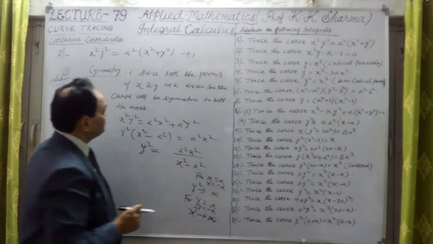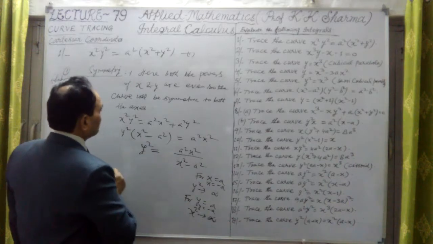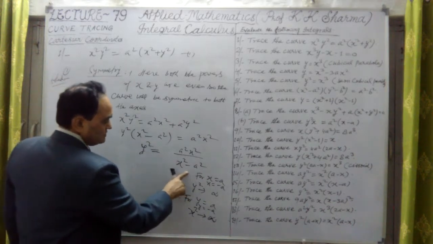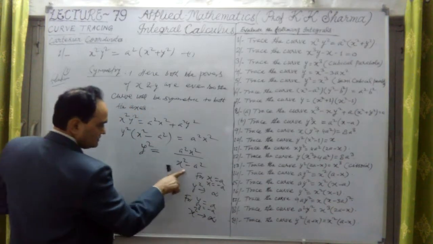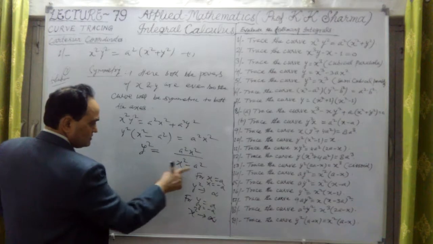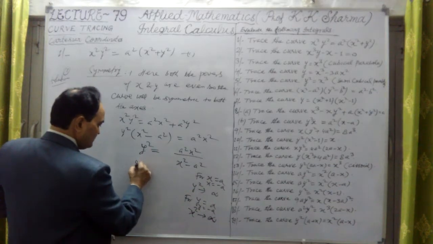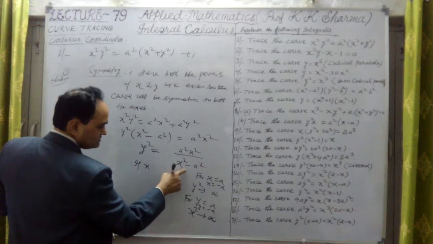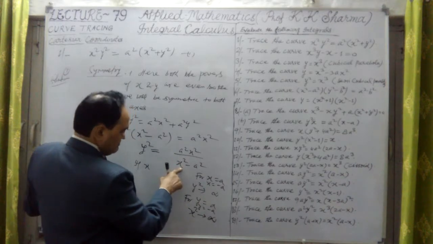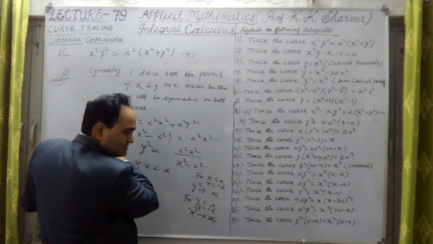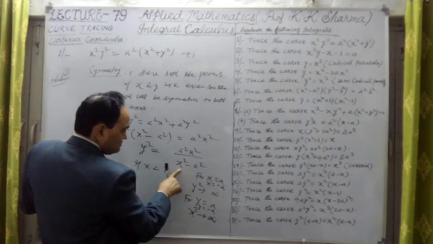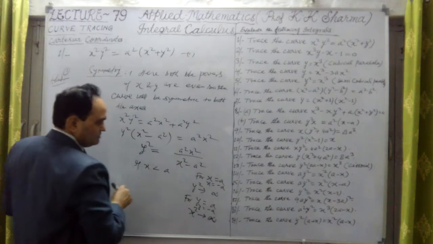Then I'll just draw the figure at this point, because here x is not defined. If x is less than a, this value comes out to be negative. That means y square is negative in that situation.